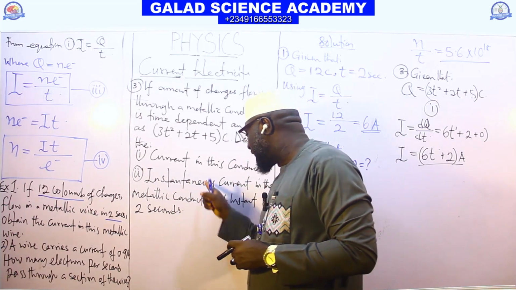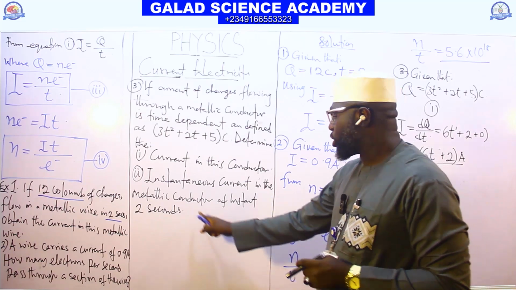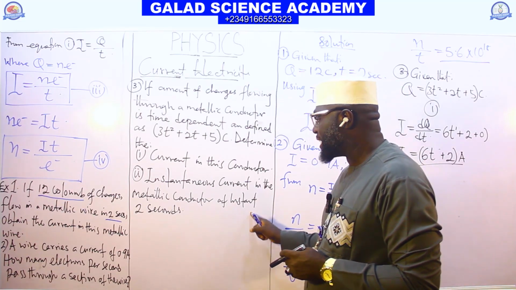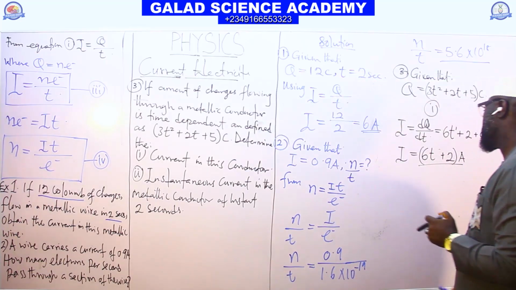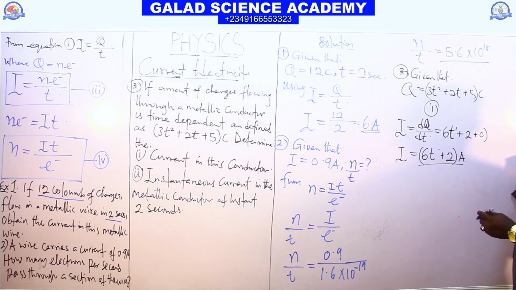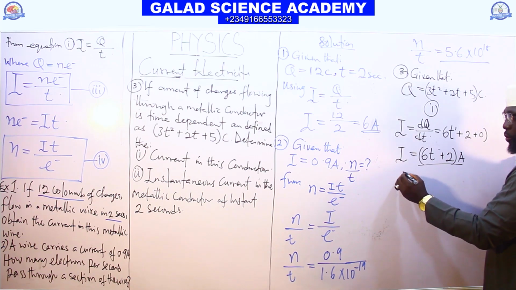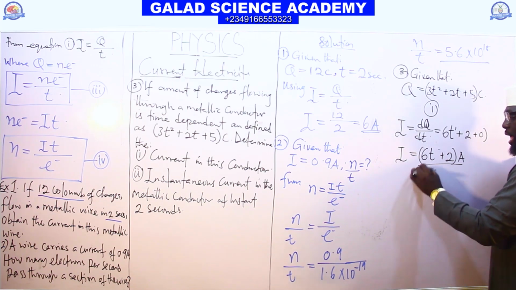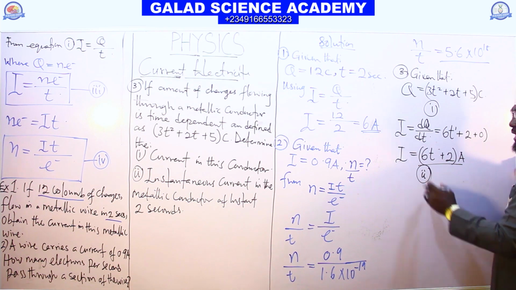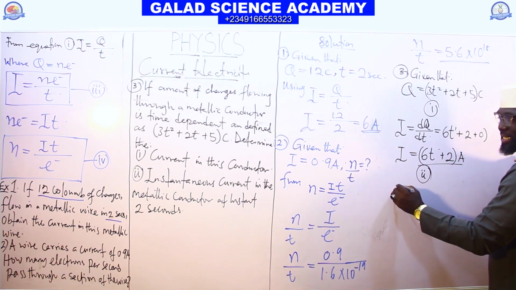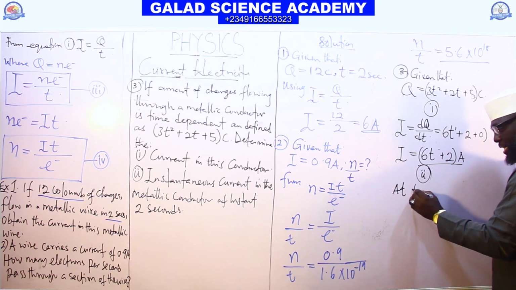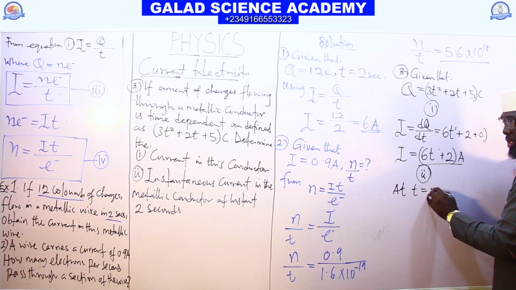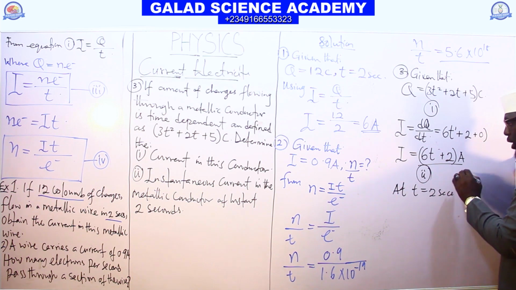question number 2: the instantaneous current in this metallic conductor at the instant t equals 2 seconds. So for the instantaneous current, our t equals 2 seconds.